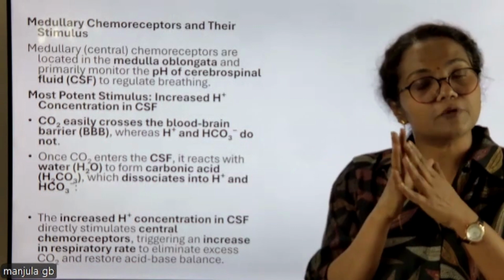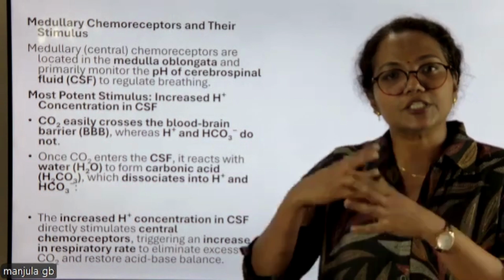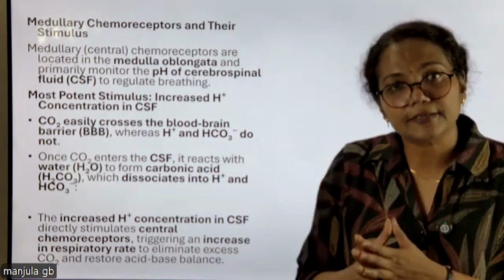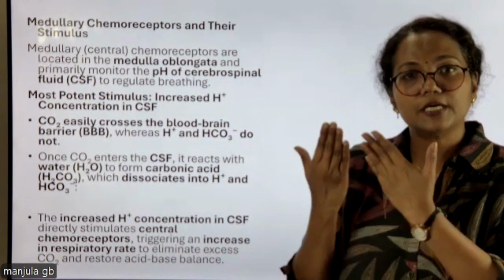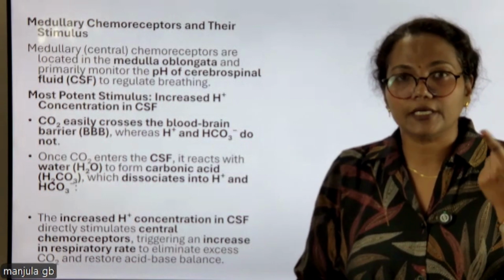So the medullary chemoreceptors watch the number of H+ ions. If it is increasing more and more, what does that mean? When the H+ ions are more, there is more carbon dioxide in the body, correct?